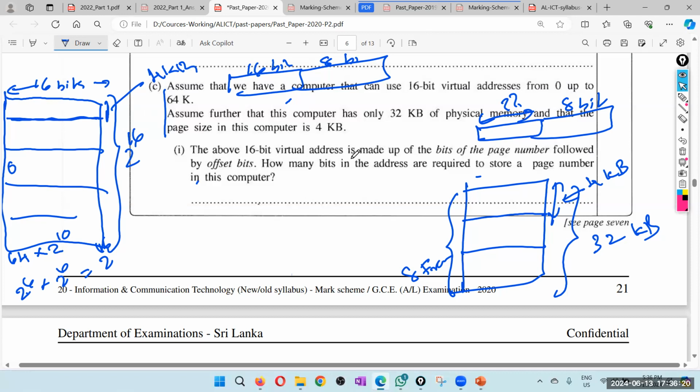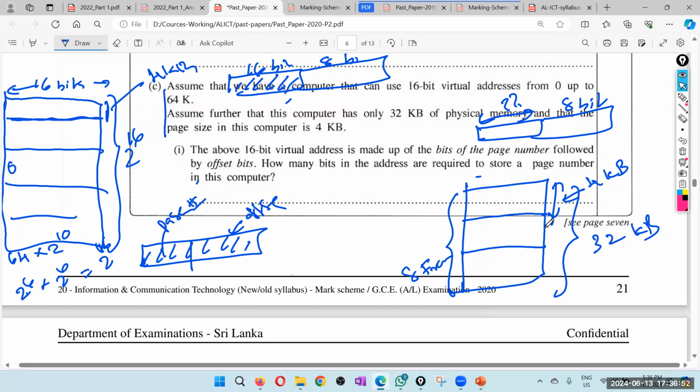The above 16-bit virtual address, or logical address, is made up of bits of the page number. Yes, page number. Remember, this address consists of page number and offset. And this logical address, I just draw this part. So this part is the page number and offset.